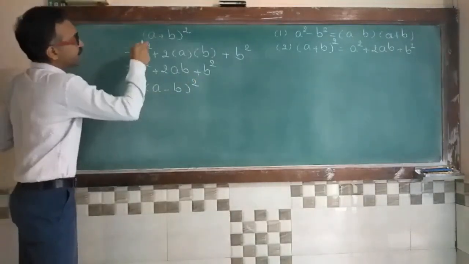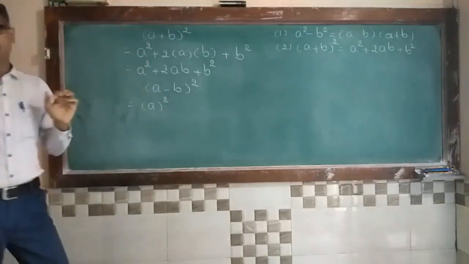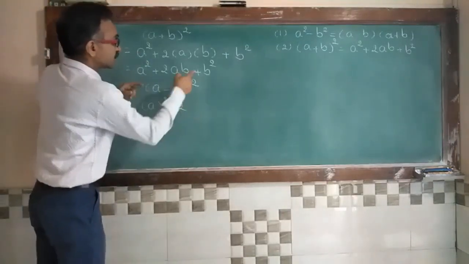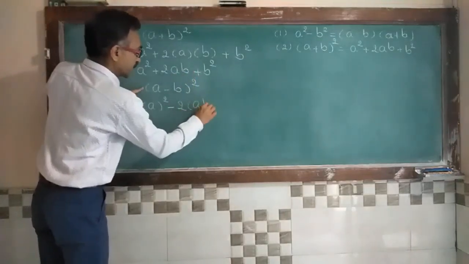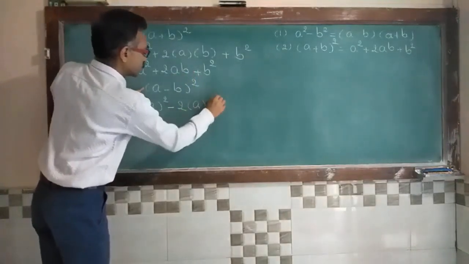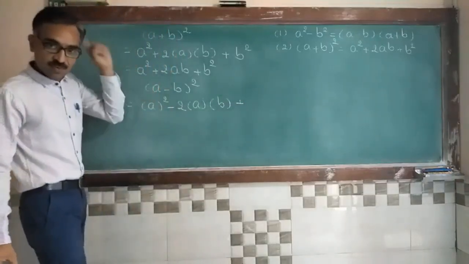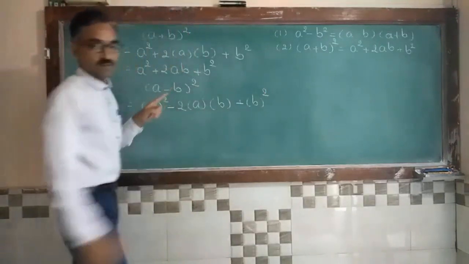So as usual, square of the first term, a square, minus 2 into a into b, and the last term is always square, that means plus b square.